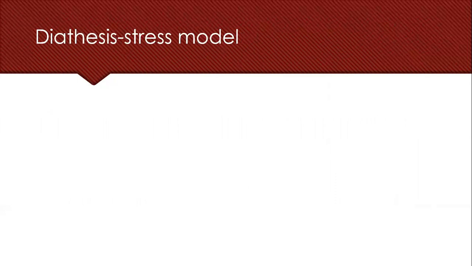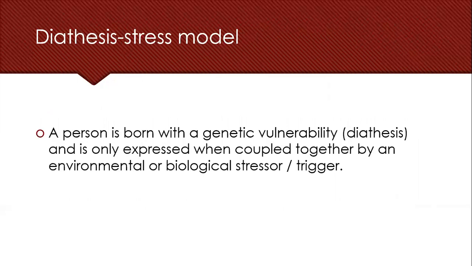Now, the Diathesis-stress model, we have looked at that before. Previously, you do know what it means, and we're just going to apply it here. The Diathesis-stress model states that a person can be born with a genetic vulnerability. That genetic vulnerability is referred to as the diathesis and is only expressed when coupled with an environmental or even another biological stressor, or trigger.